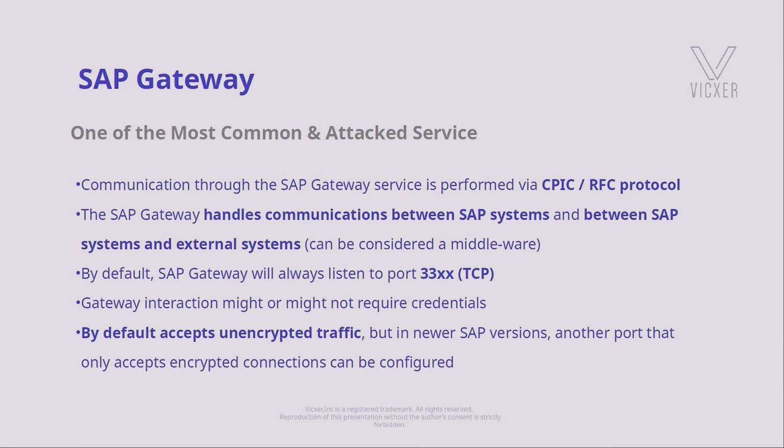What is the main goal of this gateway? Pretty much share messages. You can share it from one SAP system to another, or an SAP system and external interfaces. By default, the gateway, as I told you before, will run in its own service, its own port. It's 33XX. What do I mean with XX? Remember the instance number, that each one of the instances will have a number, right?